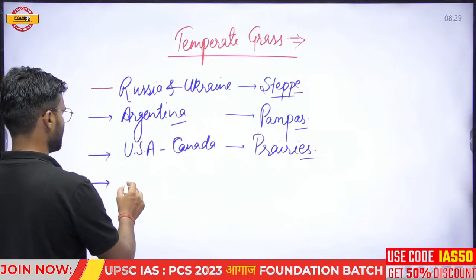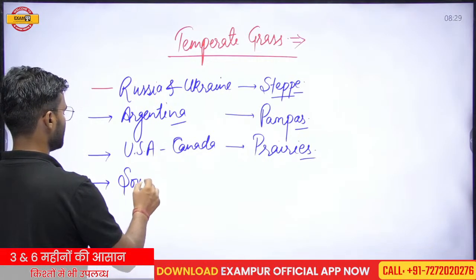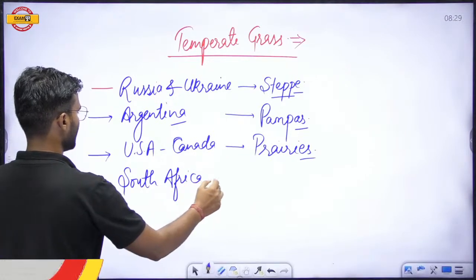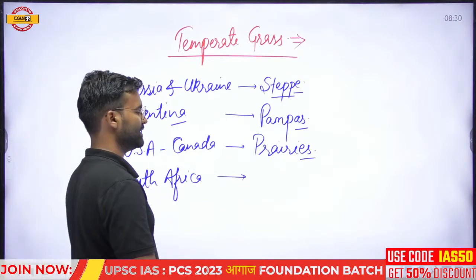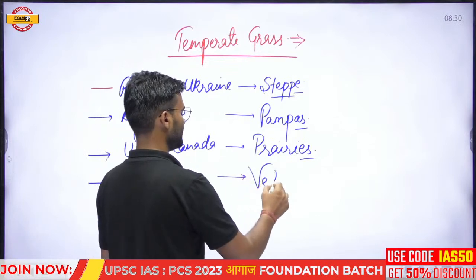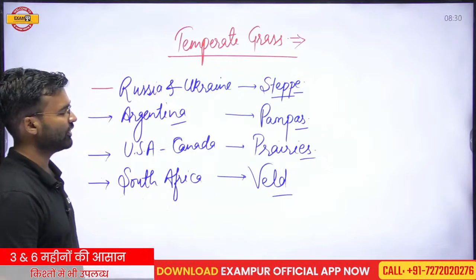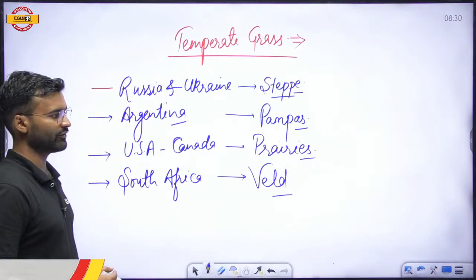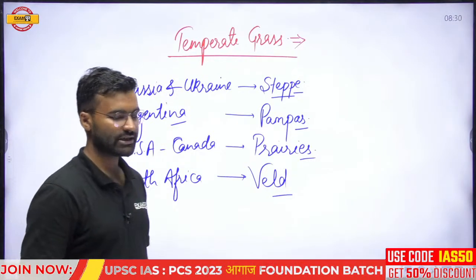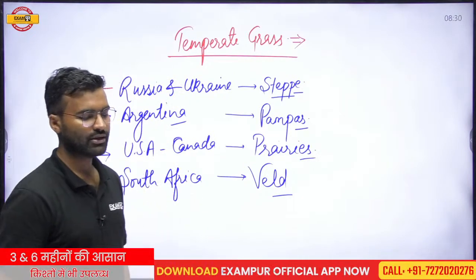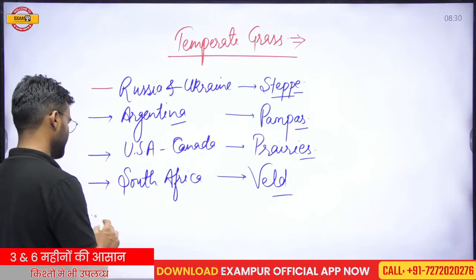If the same type of grass is found in South Africa, then it is termed as the veld, written as VELD, but the pronunciation at the local level in South Africa is different from how it is pronounced in India. So you understand it, South Africa.